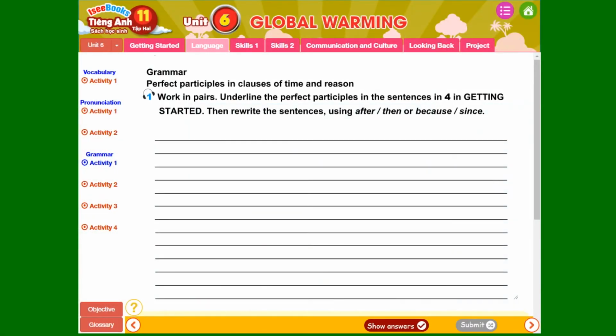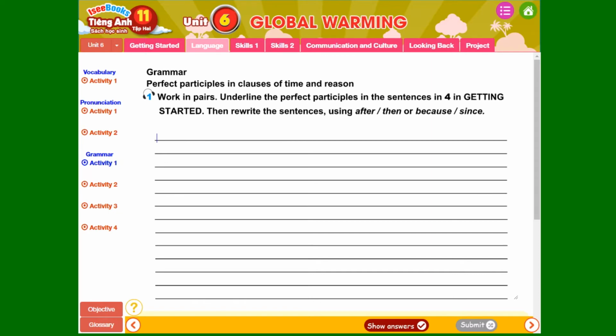Grammar. Perfect participles in clauses of time and reason. 1. Work in pairs. Underline the perfect participles in the sentences in Getting Started. Then rewrite the sentences using after or then or because or since.